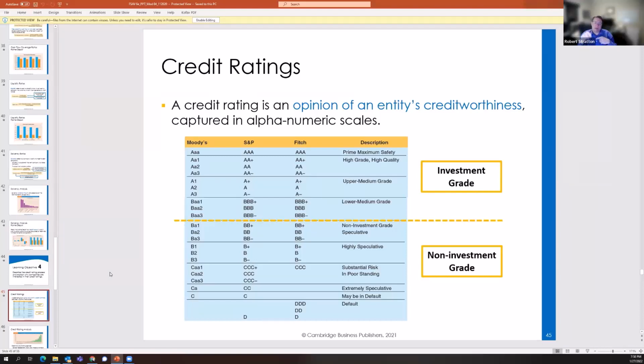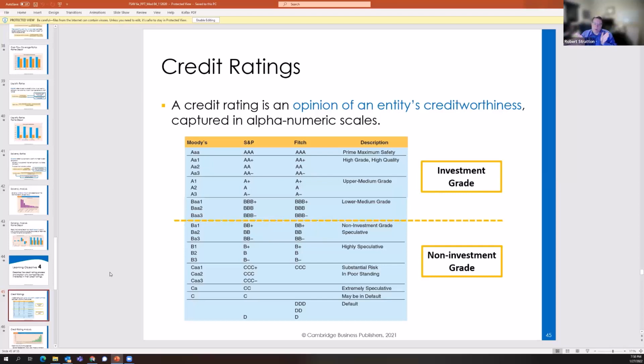But that aside, in general, how they work is they are experts in the industry and the competition and the financial analysis, and they're privy to non-public information. Public companies can give the rating agencies non-public information, and the rating agencies can then use that to give a public rating.